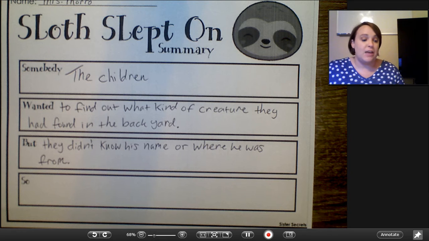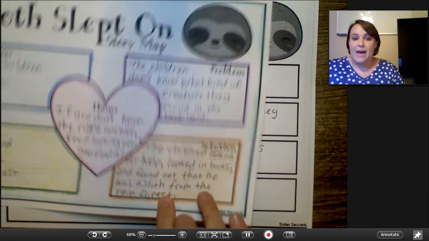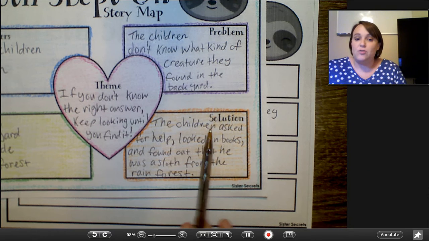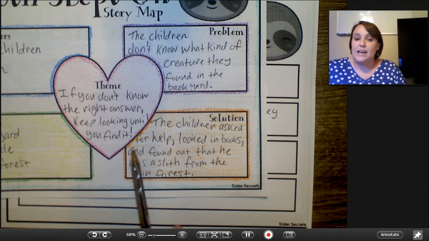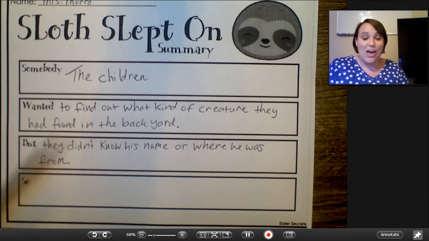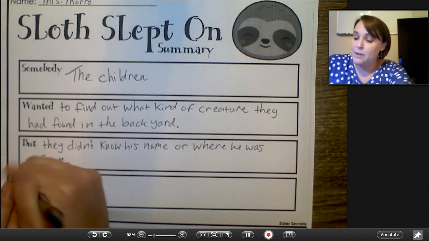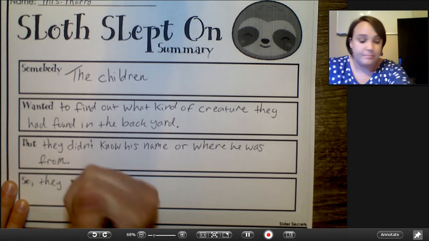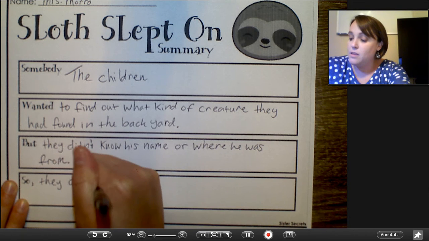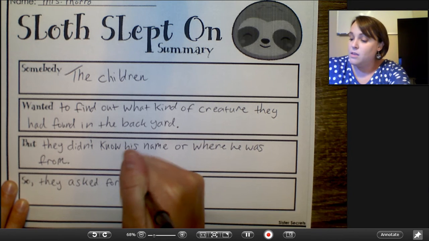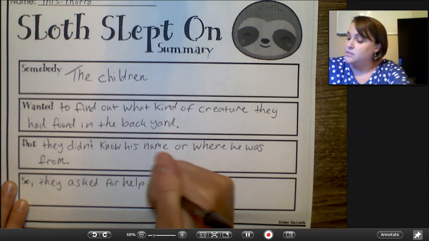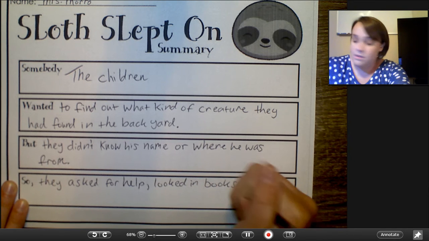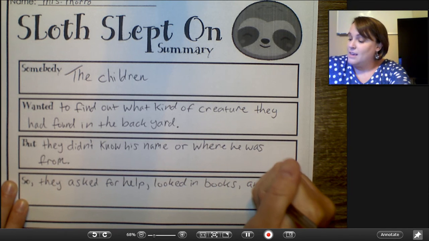Somebody wanted, but, so. Now we could look at our story map. We could look at the solution. And what did they do? The children asked for help, looked in books, and they found out the answer. So, I'm going to put a comma here. They asked for help, looked in books, and what did they do?